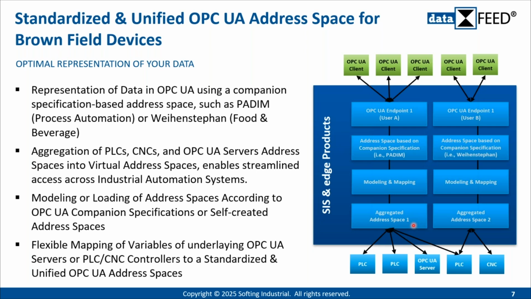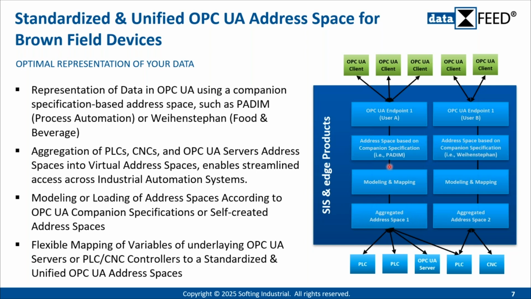Our products are a little bit more flexible than some other products. We have not only the possibility to aggregate to one address space, we can also aggregate the data to multiple address spaces, which allows us more feature sets on the upper layers. So we can aggregate the data we get out of these device sources to an aggregated address space, in this case one.